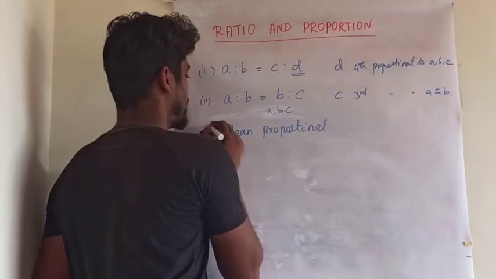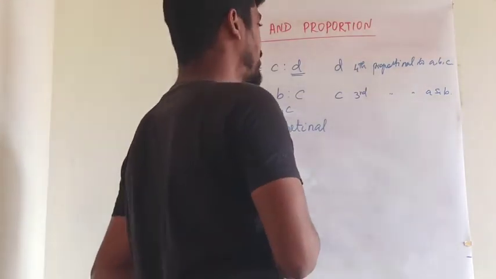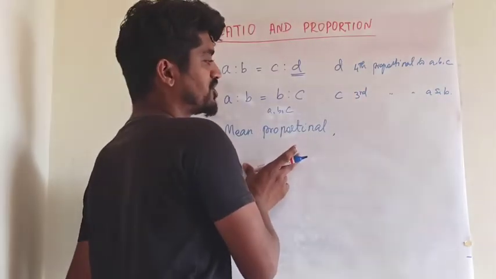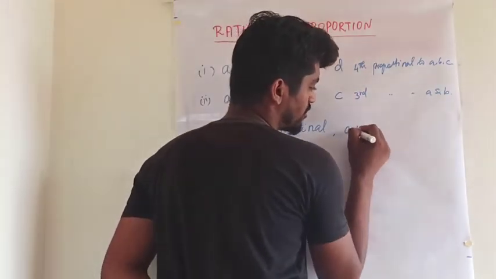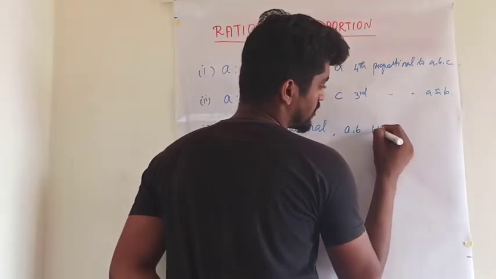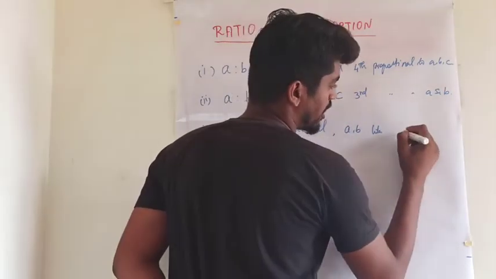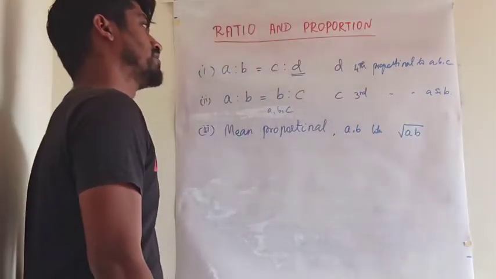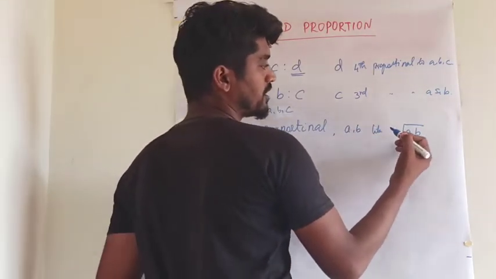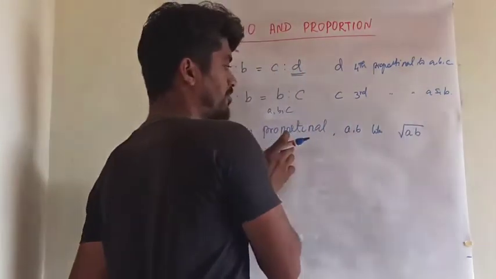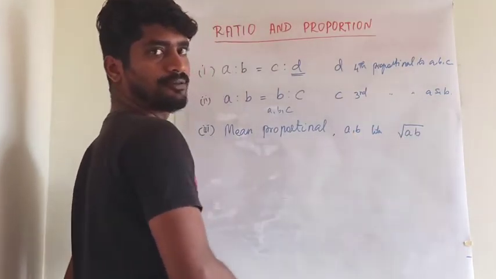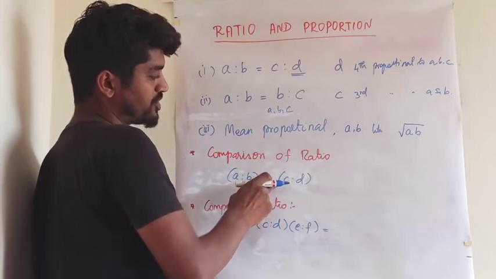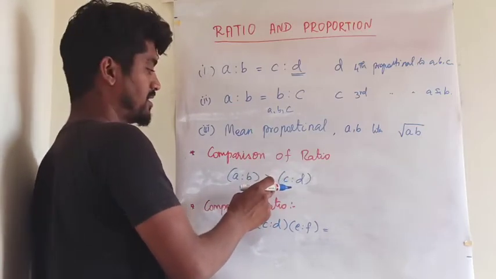Then the next term is mean proportional. The mean proportional is the value between A and B. If we have to find the mean proportional of A and B, it is the root of A times B. The mean proportional is nothing but the root of AB, the value which lies between A and B. Next, comparison of ratios. Here two ratios are compared with each other.